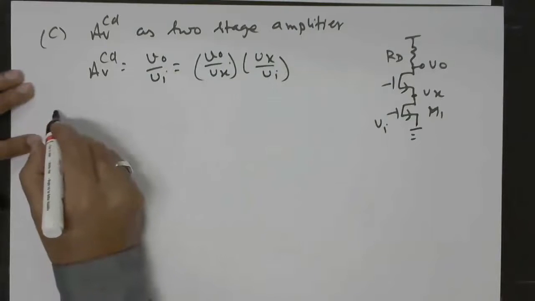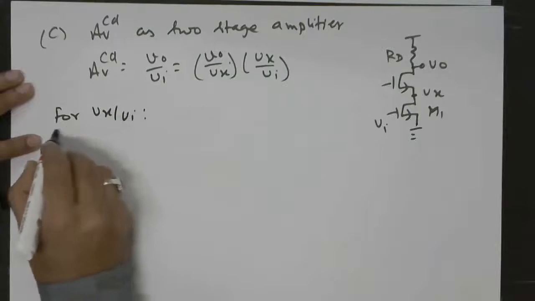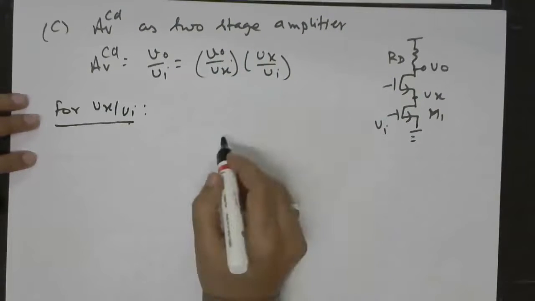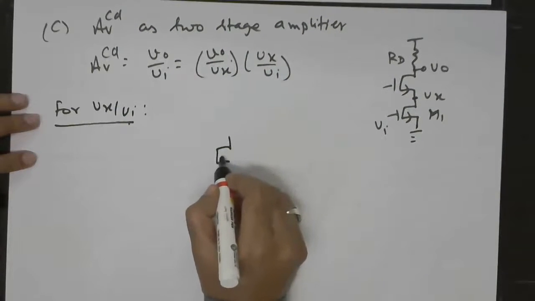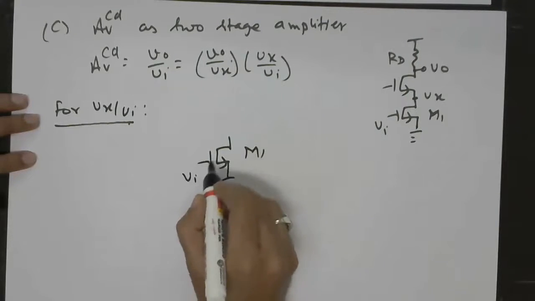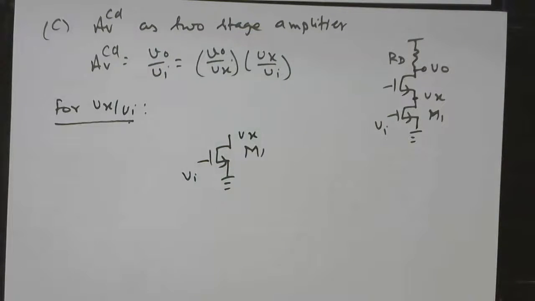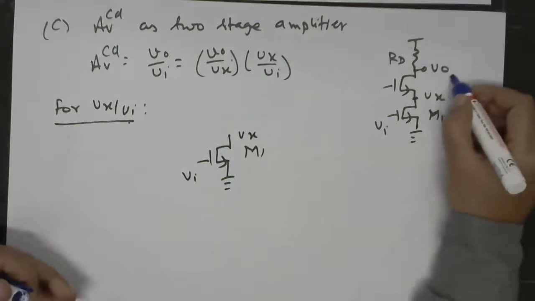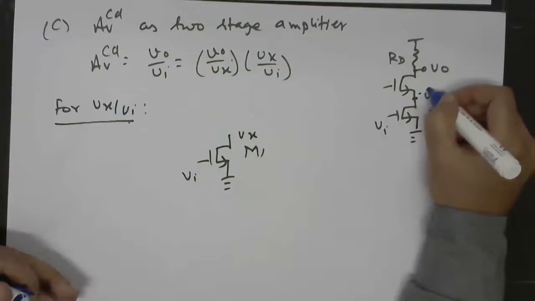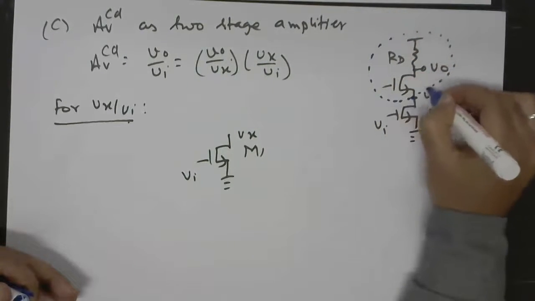So now for Vx by Vi, the circuit will be like this. We have MOS 1, this is Vx. But now what will happen is, we will have to substitute this upper part, this whole thing, by a Thevenin model.